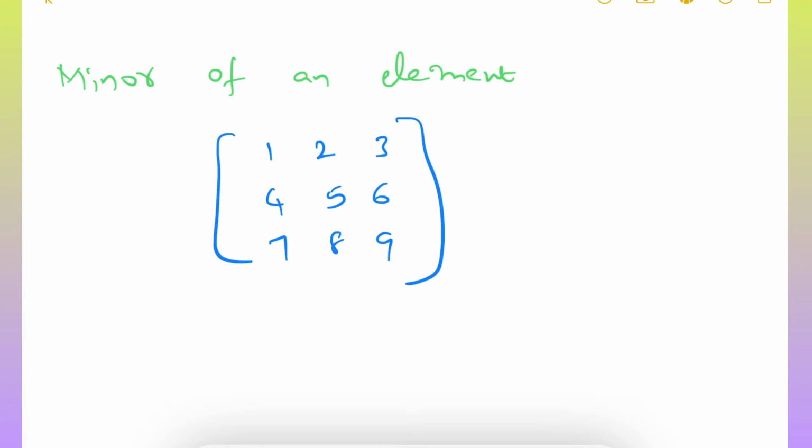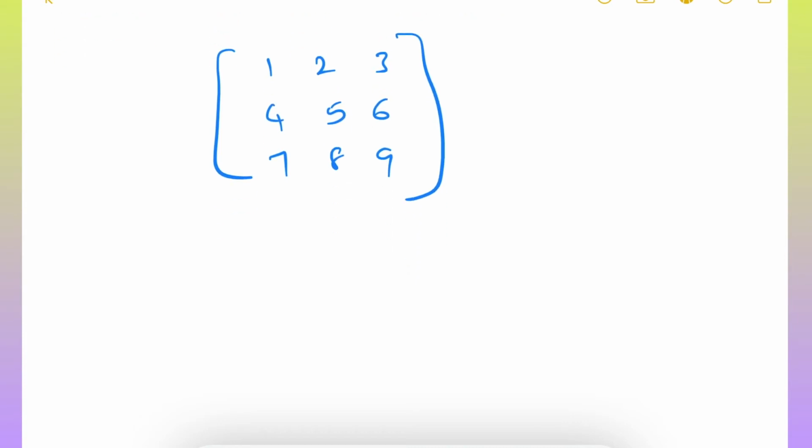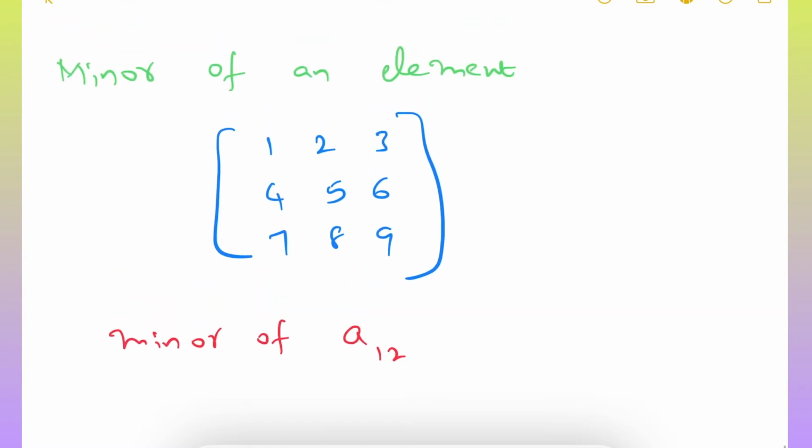I am willing to find the minor of A12. A12 is nothing but first row, second column. We need to focus on the element in the first row and second column. That number is this one.